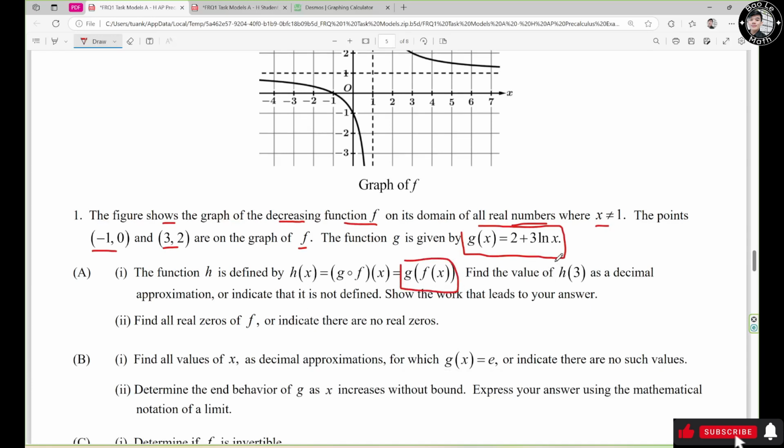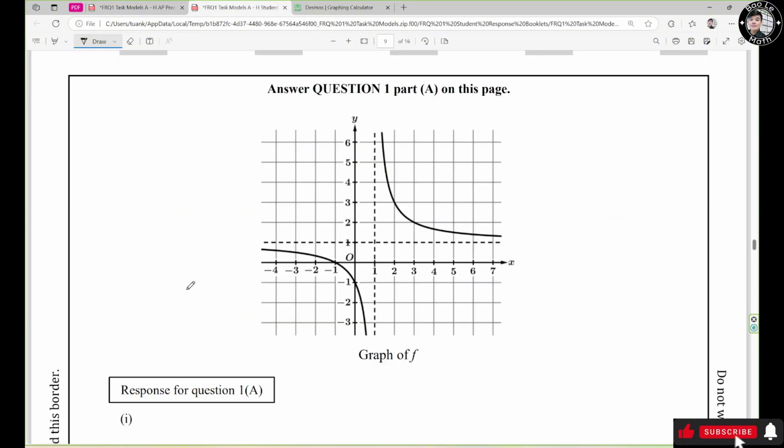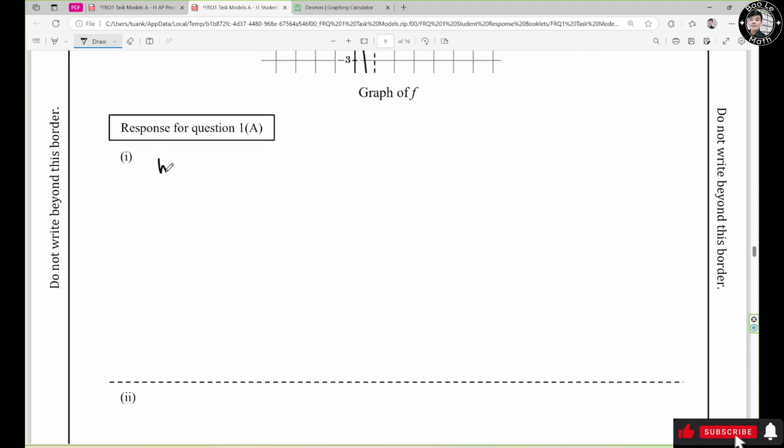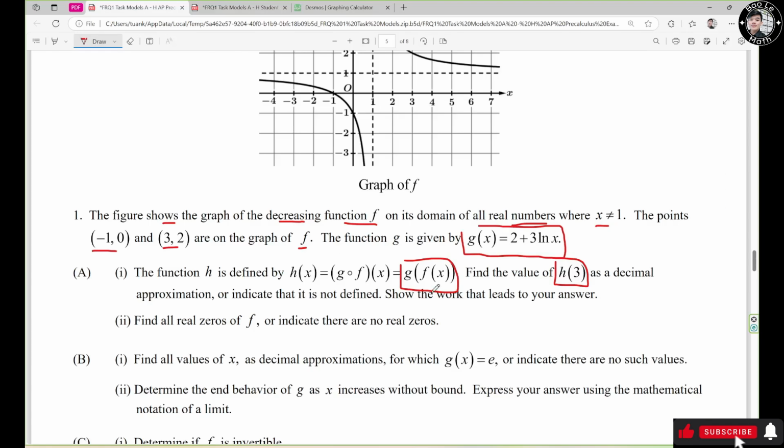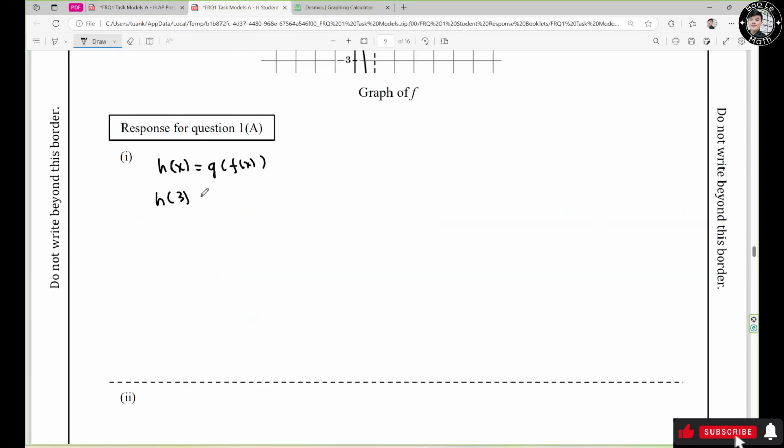We need to find the value of h of 3, right? So we have h of s equals g of f of s, right? Now we need to calculate h of 3. h of 3 equals g of f of 3, right?